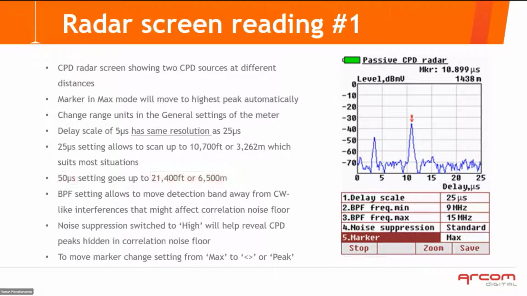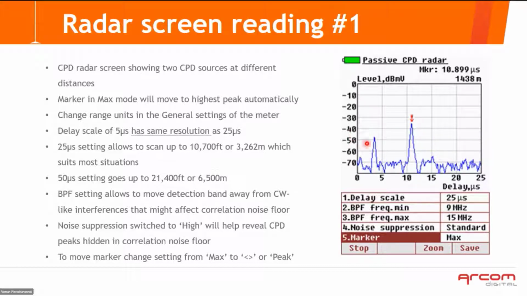With the bandpass filter, you can change the minimum and maximum to select the bandwidth that is less affected by CW-like peaks in the upstream. I'll show that in the movie later. Noise suppression helps to reveal these peaks from noise if the noise floor is hiding them.